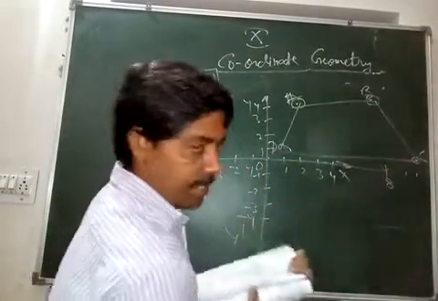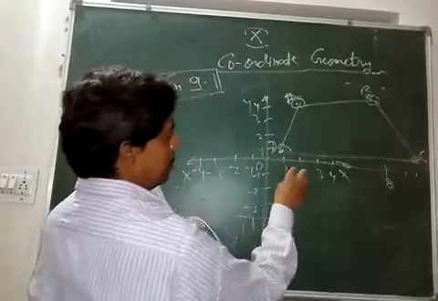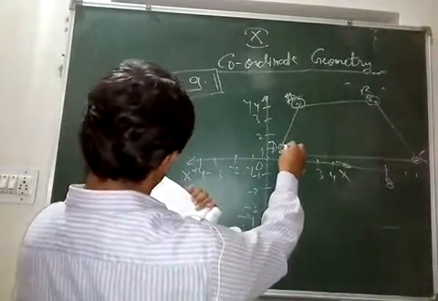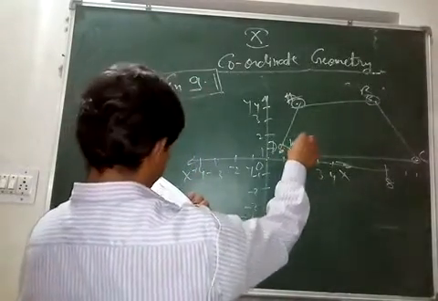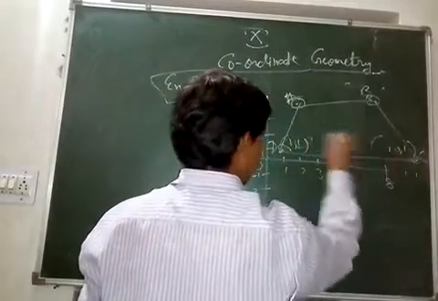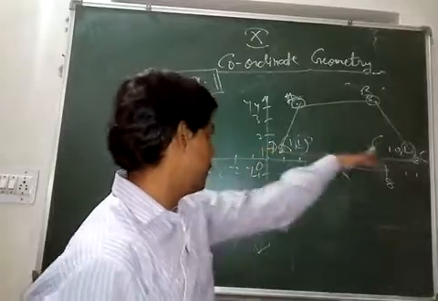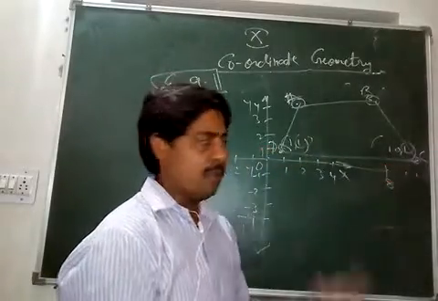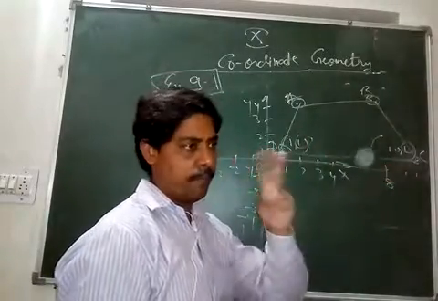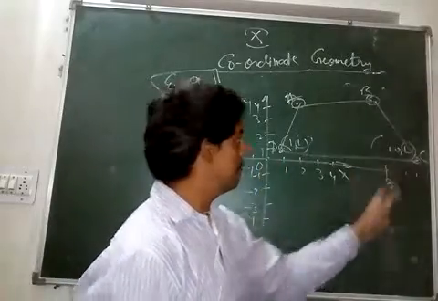So you see one thing, that D and C, this point was the first point, right? 1 comma 1, and this is 10 comma 1. So their y coordinates are same. Their y coordinates are same means this line is parallel to the x axis. Whenever y coordinates are same and we are joining them, that line will be parallel to the x axis.